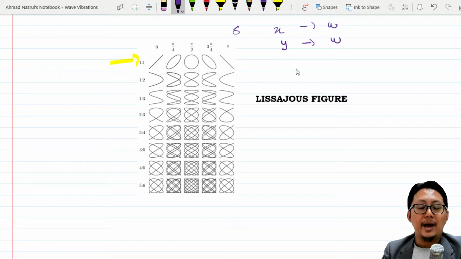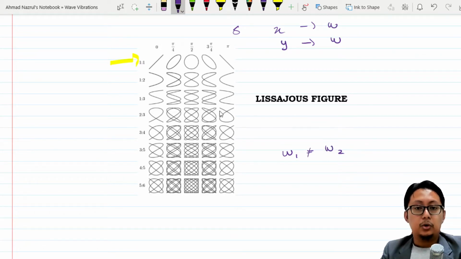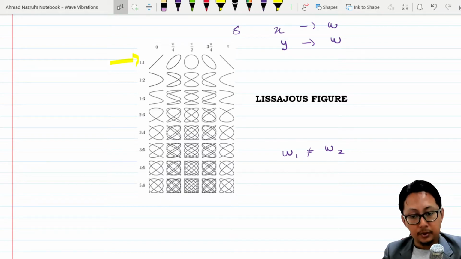So right now, what happens if the frequency is different? Omega 1 is different from omega 2. So we put in the ratio, for example omega 2 is 2 times omega 1, or 3 times omega 1, or the ratio is 2 over 3. So what happens to the graph for different phase angles? I will show you in Desmos, for a different ratio.